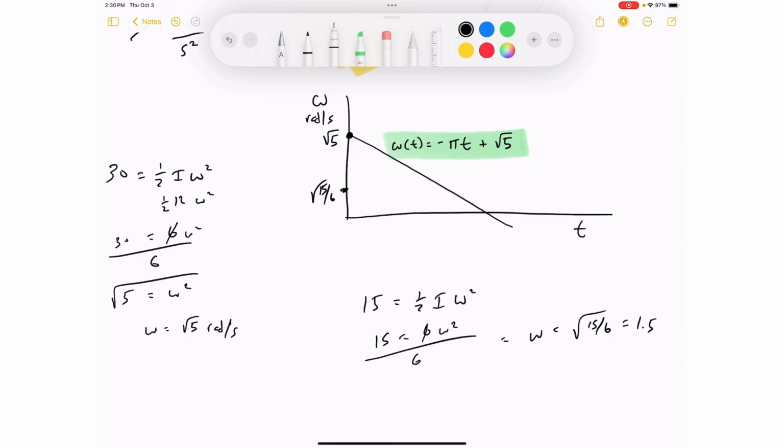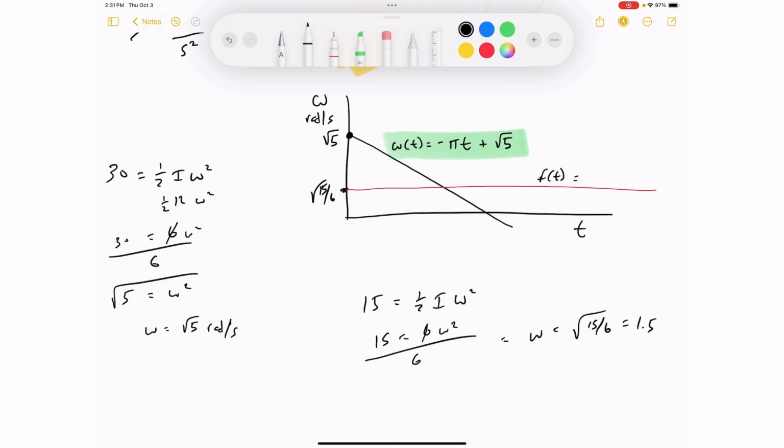Okay, so now we have two lines. Let's put this back here. You can call this one F, like final, it doesn't really matter.